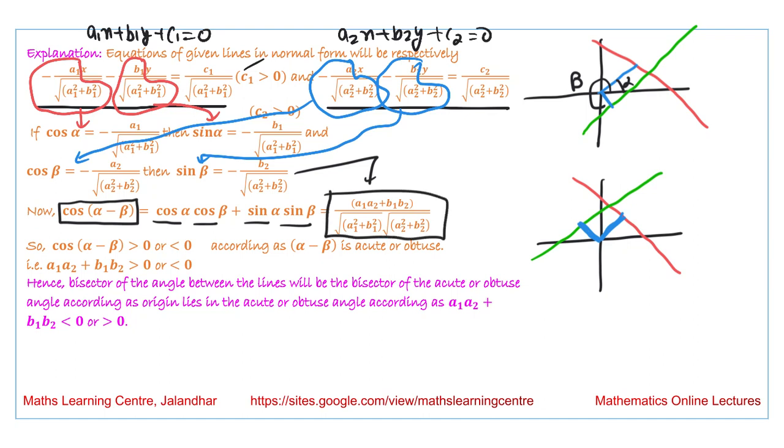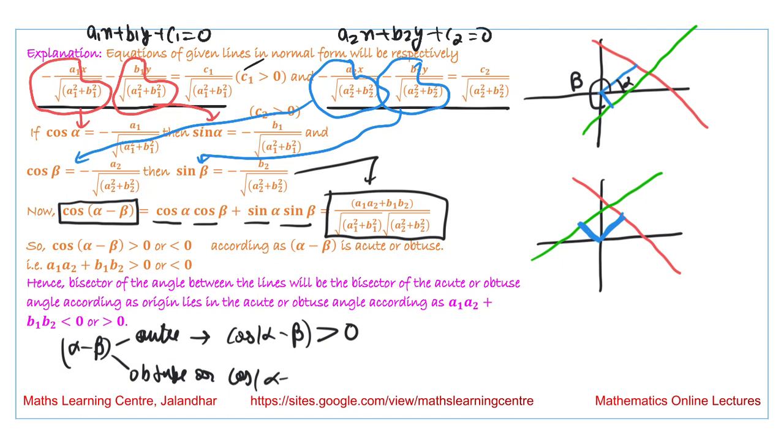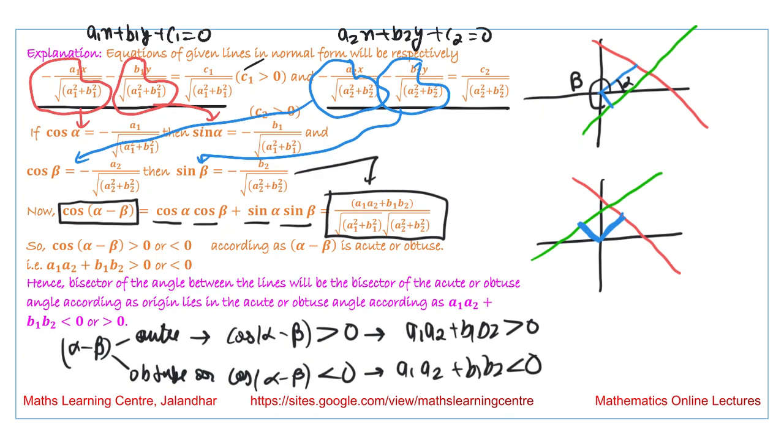So alpha minus beta will be acute or obtuse according as cos of alpha minus beta is greater than 0 or less than 0. And this is according to whether a1 a2 plus b1 b2 is greater than 0 or less than 0.